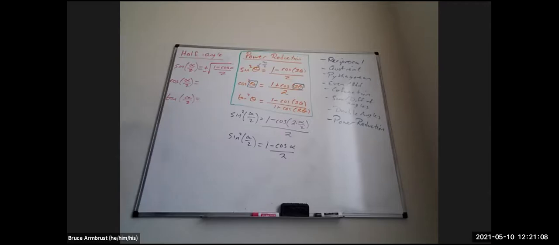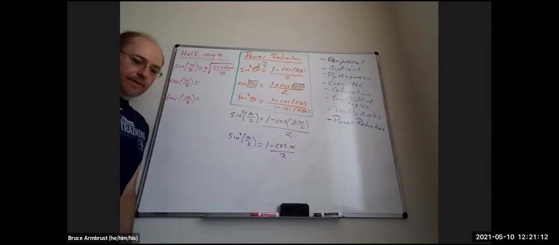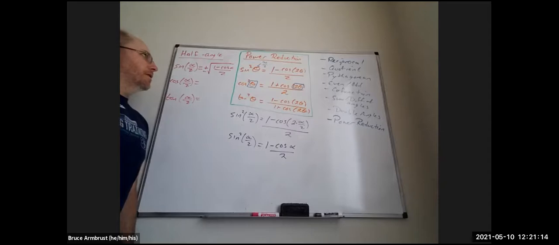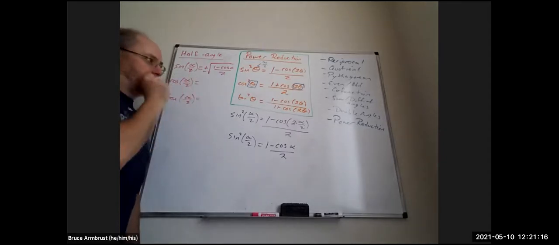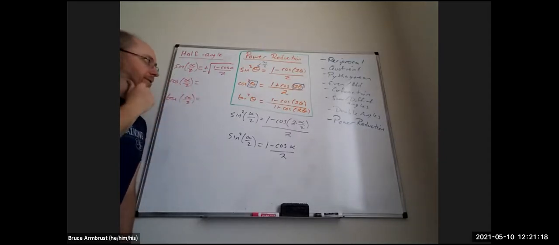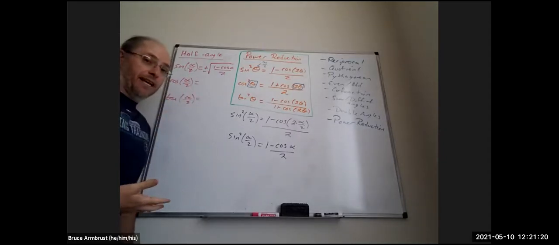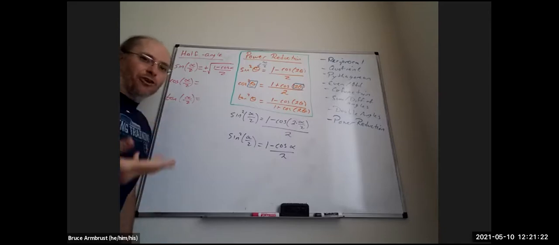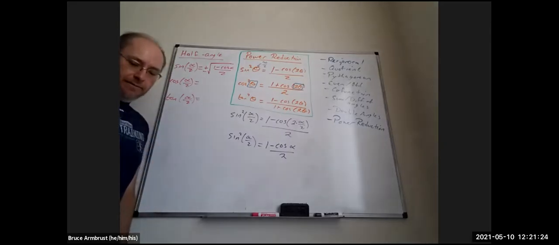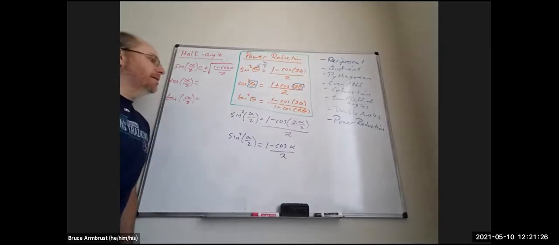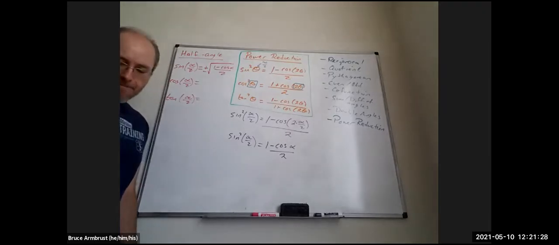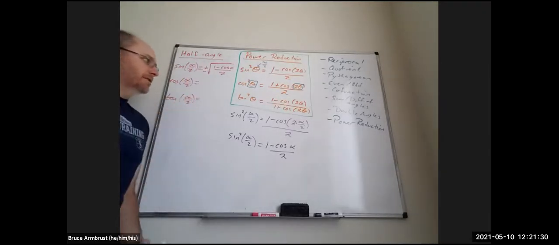Yeah, we need to put plus or minus the square root of 1 minus cosine alpha over 2. All right, so when we develop this identity, it turns out that when you take that square root, we don't know if it's positive or negative. We'll talk about how you know whether it's positive or negative. But as it is right now, yeah, it's plus or minus.